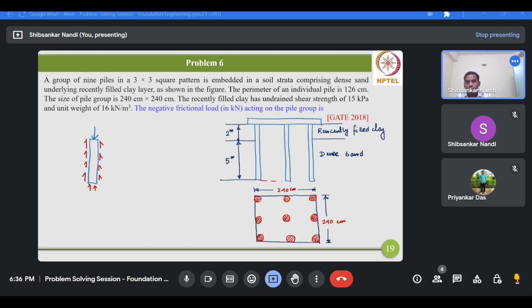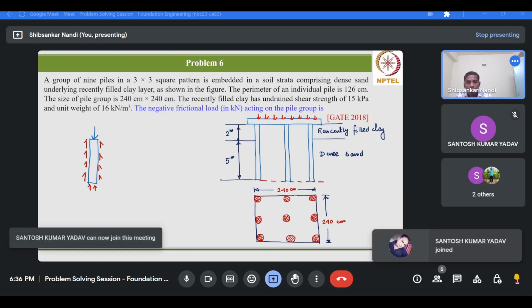Okay, so if we draw the shear stresses, this is the externally applied load on the top of the pile cap.